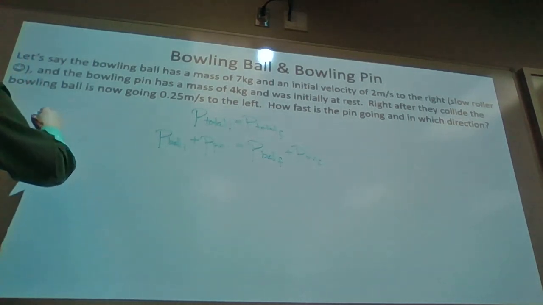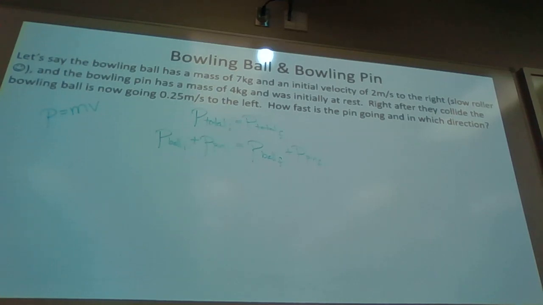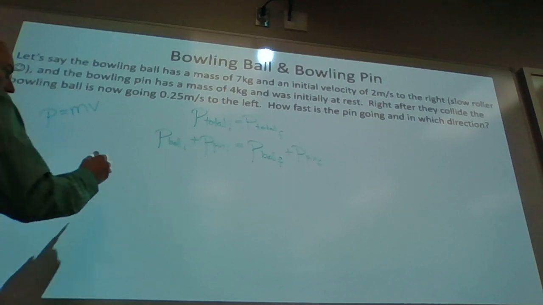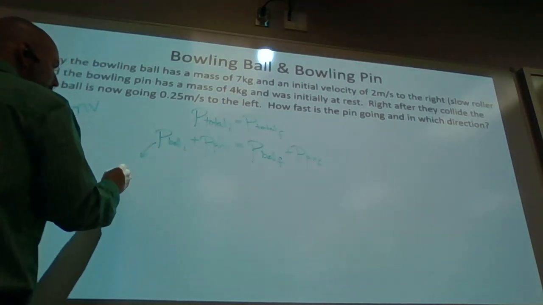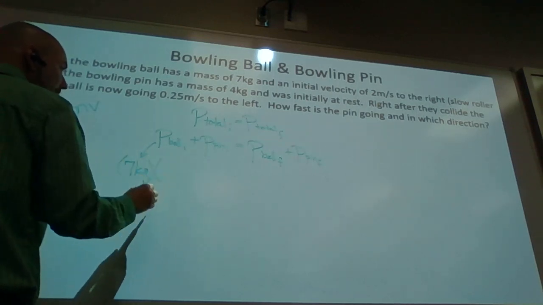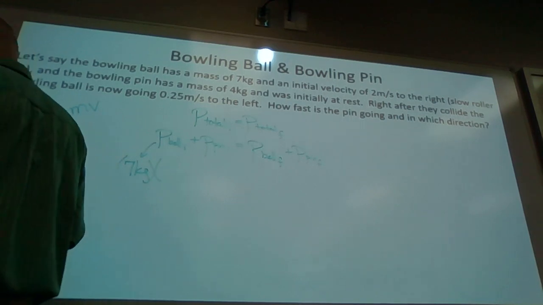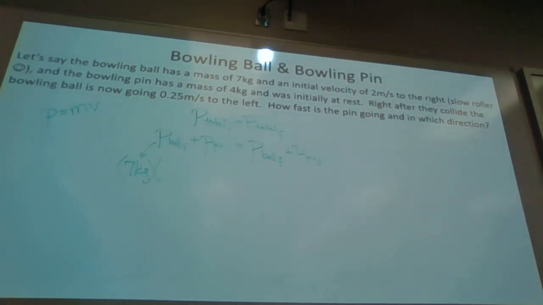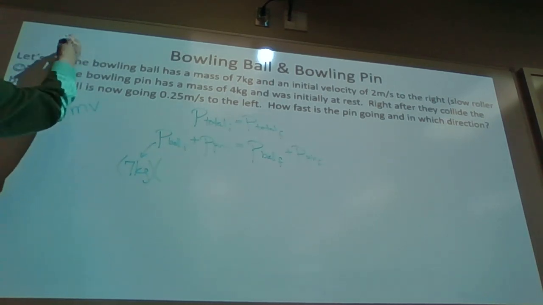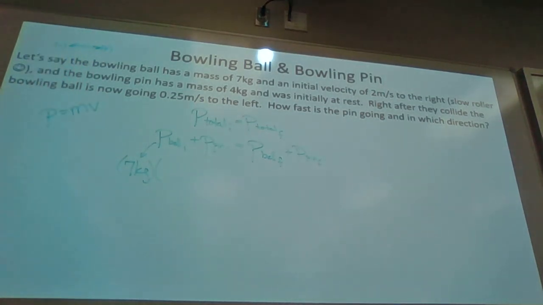Now, remember that momentum is equal to mass times velocity. So the ball's momentum is 7 kilograms times, very important detail, you need to pick which way you want to be positive. That is a mandatory step. I'm going to say to the right is positive, the way the bowling ball was going initially.